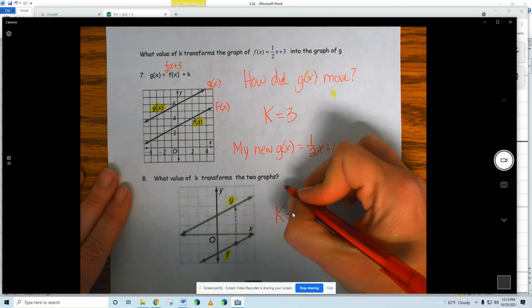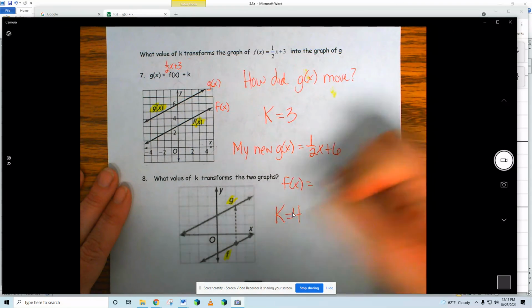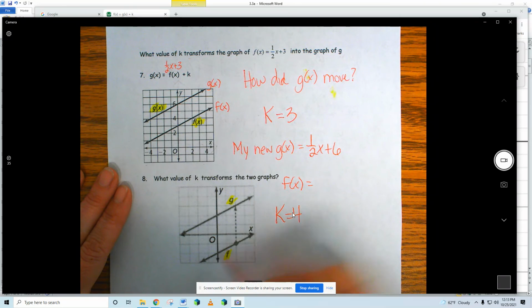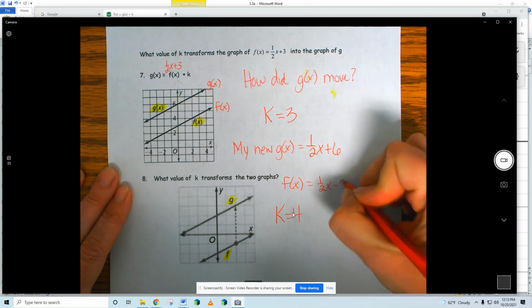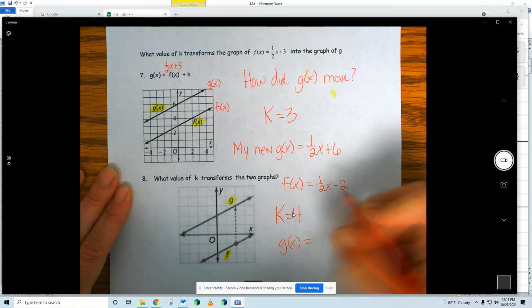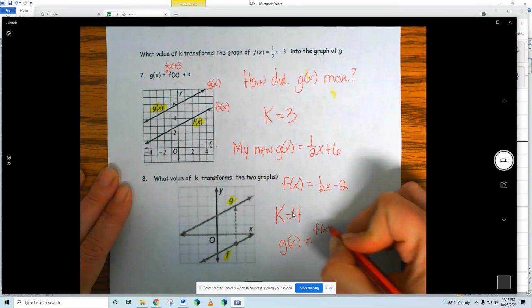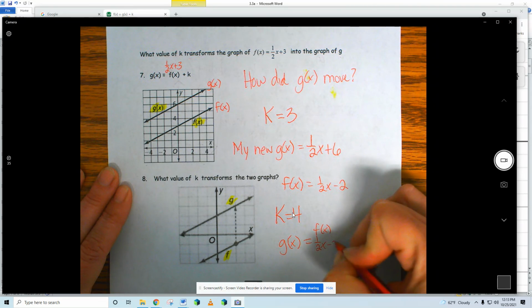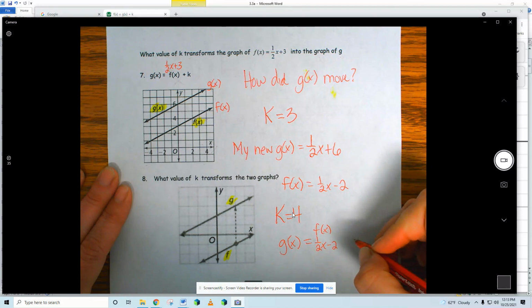So f of x is 1/2 x minus 2. And g of x is my f of x, 1/2 x minus 2, and I went up 4.